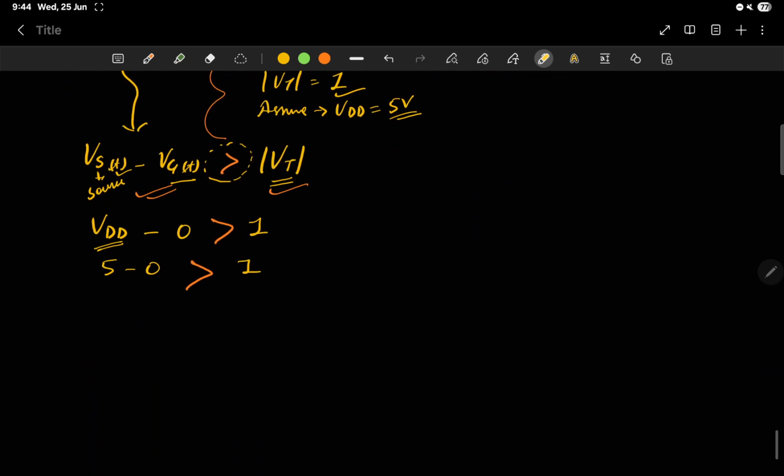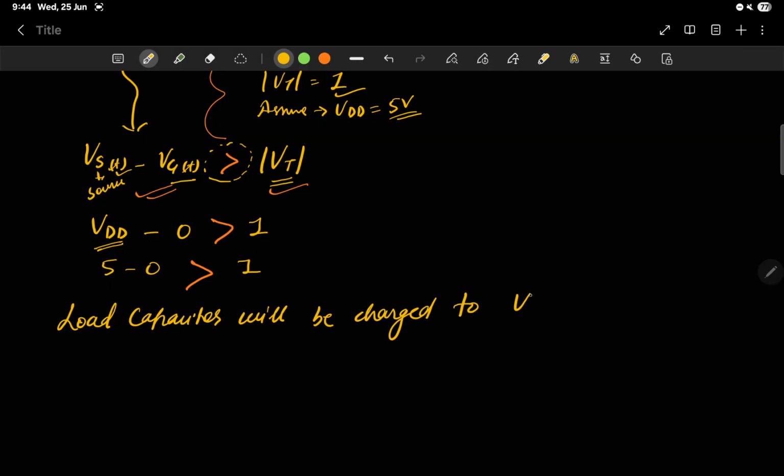So you can write here that the load capacitor will be charged to VDD, and there is a rail to rail connection.